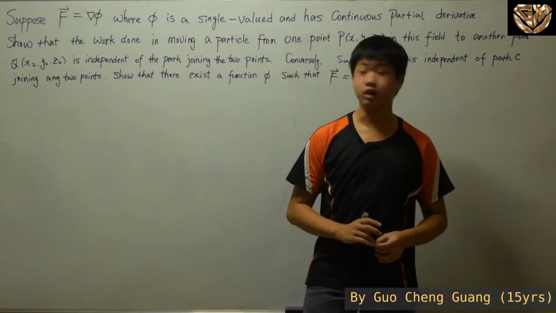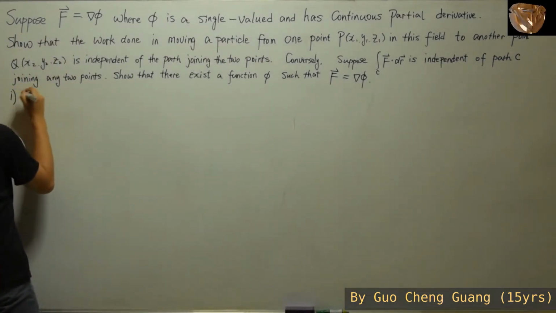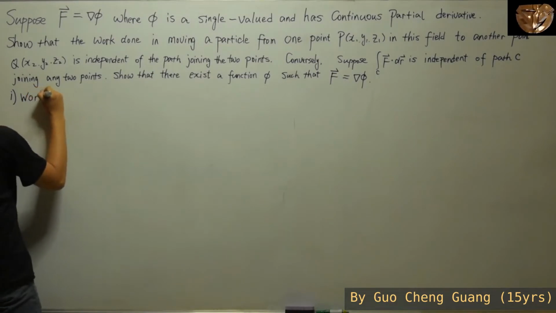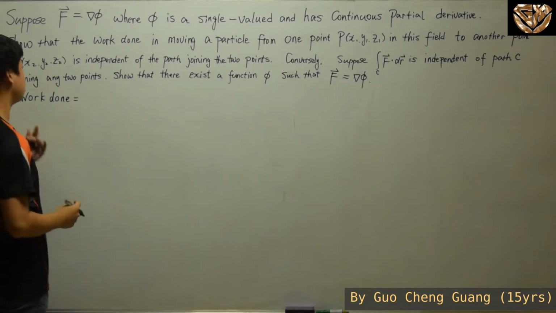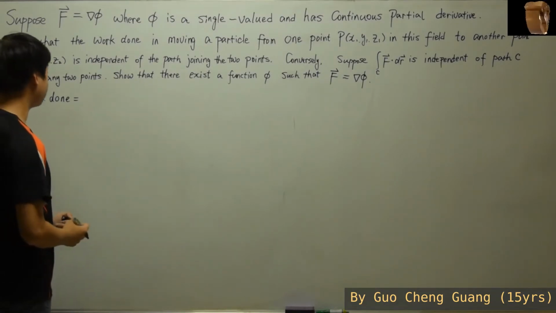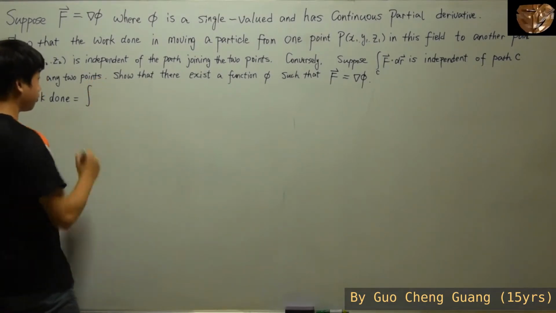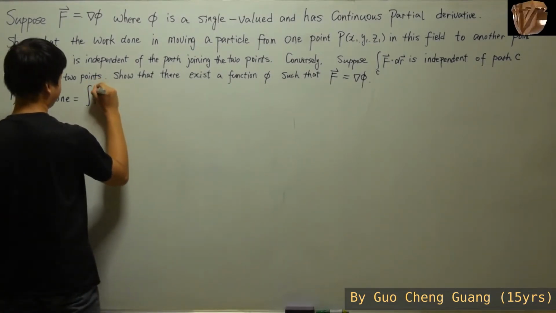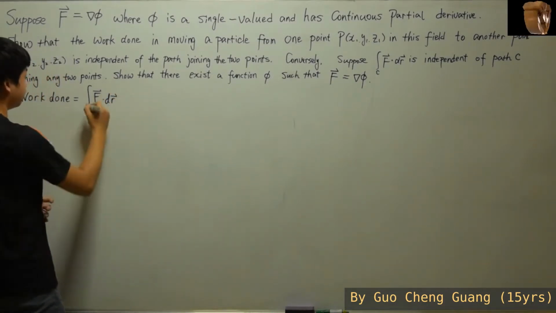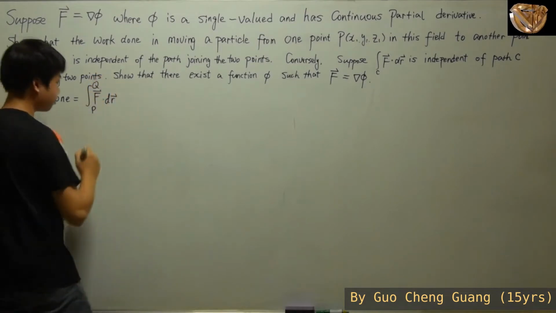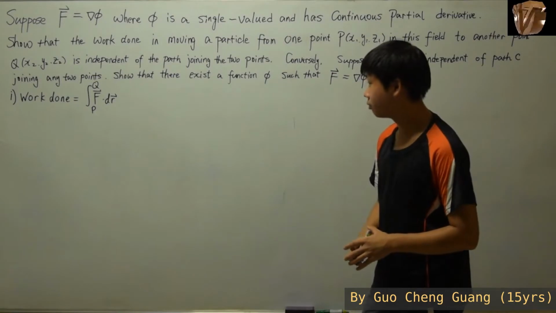So let's start off with work done. Let's say this is part 1. How will you find this work done? In order to find it, you'll probably use some kind of integration. Then you have f dot dr, and you go from P to Q. That will be how you find your work done.